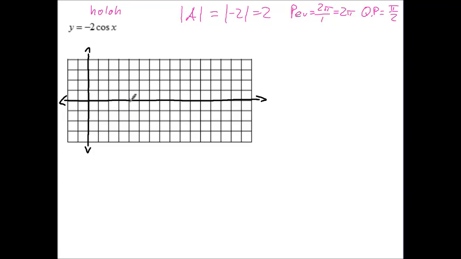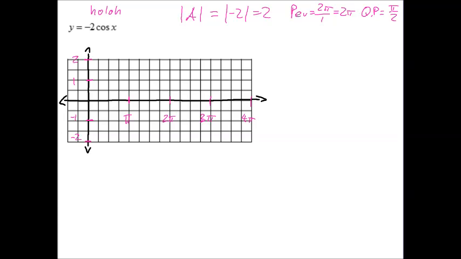Now let's label our axes. Pi, 2 pi, 3 pi, 4 pi, 1, 2, -1, and -2. And now we can start plotting our points. But wait a minute, our A is actually -2. Now for the amplitude that doesn't make a difference.